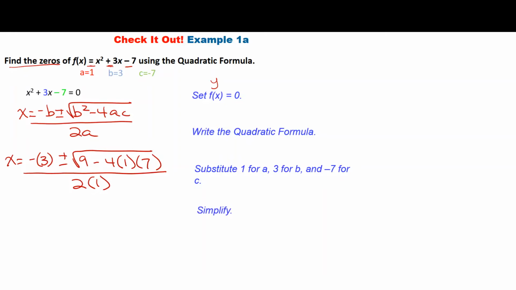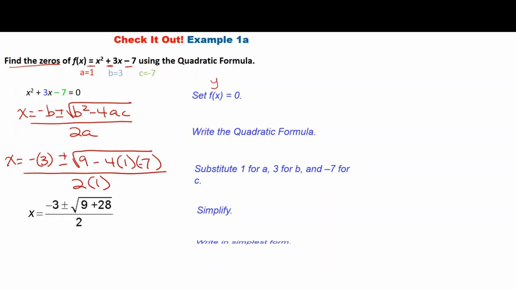I've already done this in advance a little bit. So here we have x equals negative b plus or minus the square root of b squared, 9, minus 4ac. I left out a negative 7 there, so that gives us a positive 28, because 9 minus a negative 28, all over 2a.